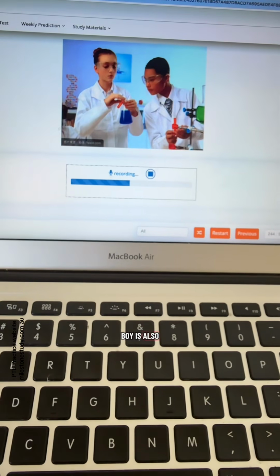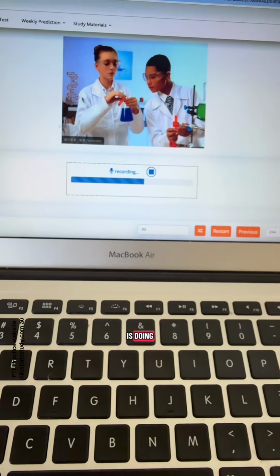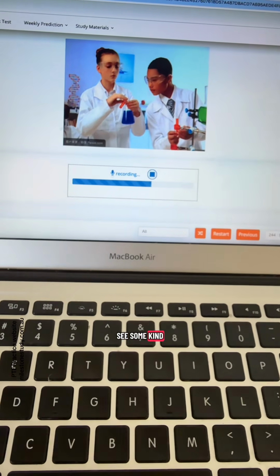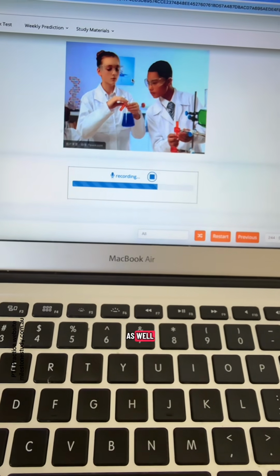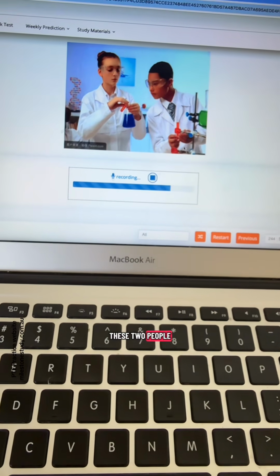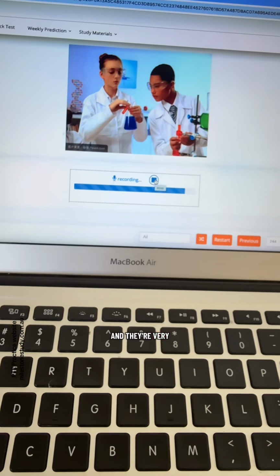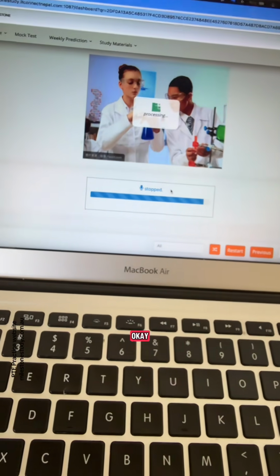The boy is also looking very keenly at the experiment that the girl is doing, and in the background we can see some kind of DNA strand, and there's a picture as well, whereas in the foreground there is a machinery. So overall we can see that these 2 people are doing some kind of experiments in a science laboratory, and they are very curious about it.